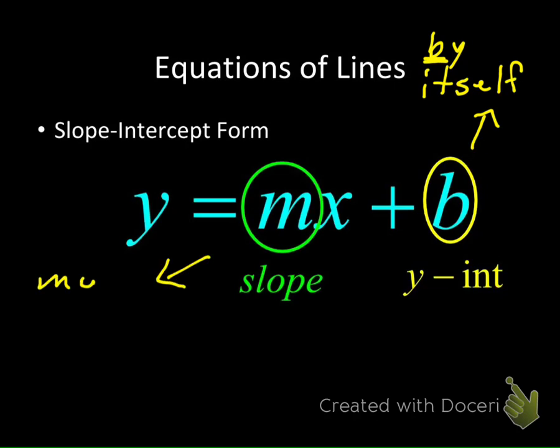And then slope is multiplied by x. Okay, so go ahead and write that in with your arrows. I'm sorry, I'm trying to help you remember how to do stuff. Okay, so your slope is multiplied by x. M starts with m. M is slope, right? Y-intercept is the number by itself. By starts with b. Okay? All right. We got that down?